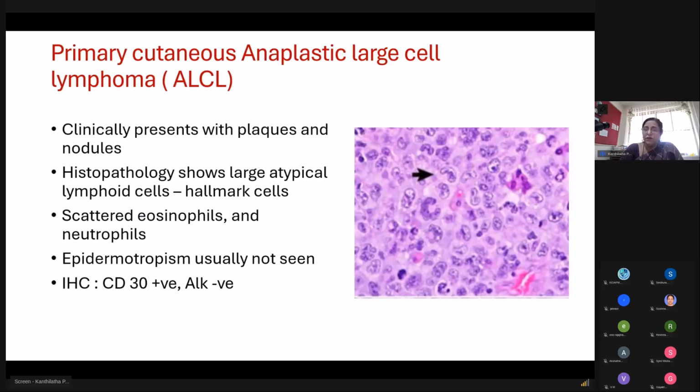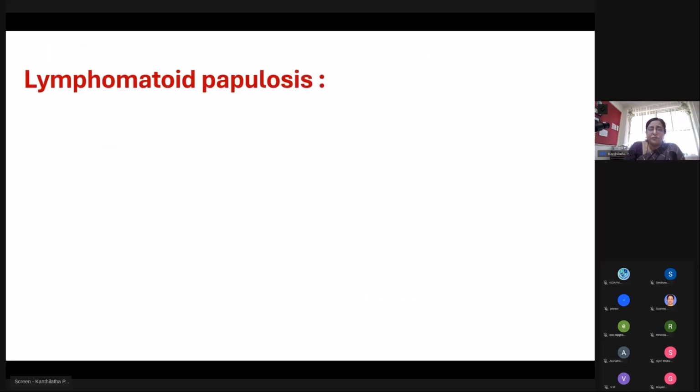Epidermotropism is usually not a feature of ALCL, however, it can be seen in some cases. And this one, IHC will be CD30 positive. And unlike the nodal anaplastic lymphomas, which are ALK positive, the cutaneous ALCL is ALK negative.